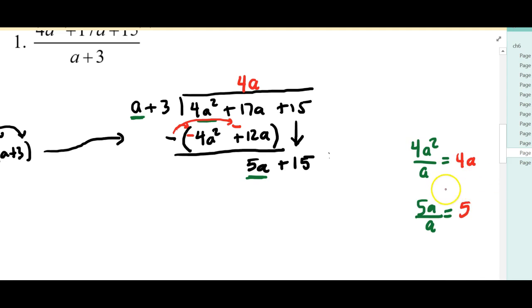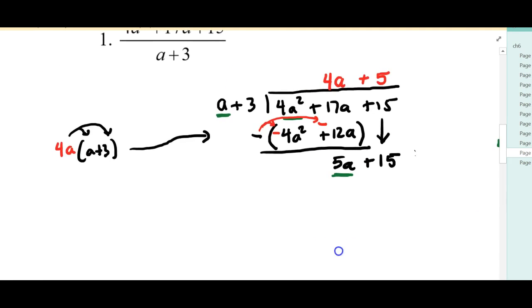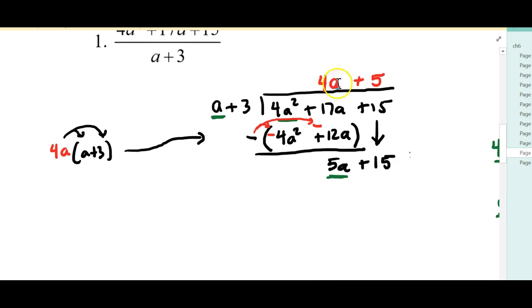Where is that going to go? Above the 15, right there. And now, what do I do with that? Just like with the 4a, how the 4a multiplied this to give me this, now the 5 is going to do the same thing.